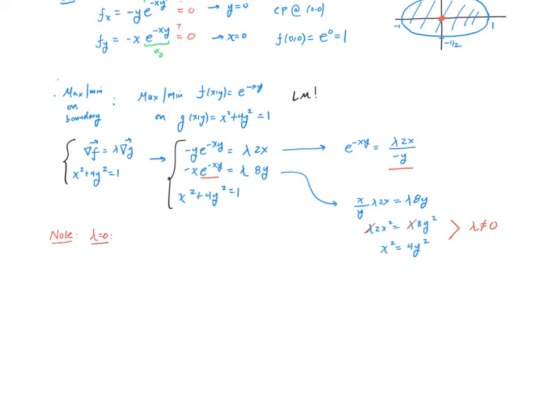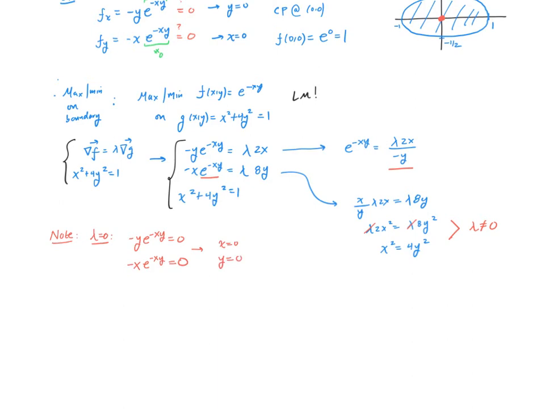If I was to make this assumption lambda is equal to 0, then our two gradient equations would become minus y e to the minus xy equals 0, minus x e to the minus xy equals 0, which should look familiar if you look just a little bit above. That gives us x equals 0 and y equals 0.